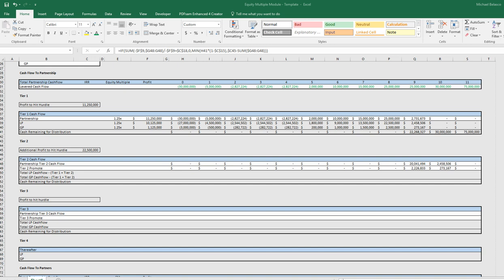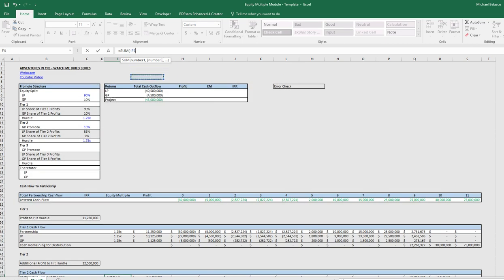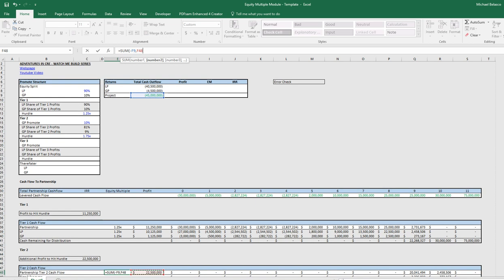All right, so let's verify that we indeed hit our 1.75 equity multiple. So let's do again, we're going to capture our equity contribution. This time we're going to do a little bit simpler way.